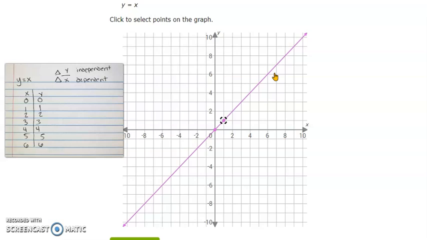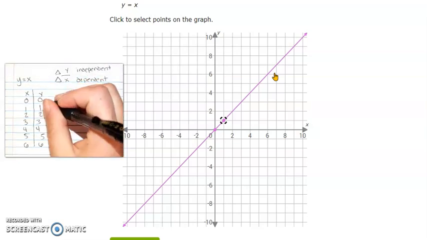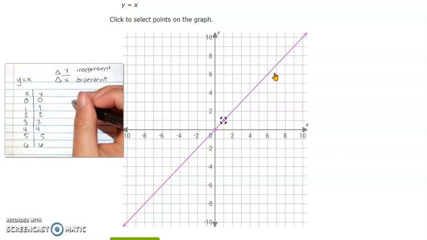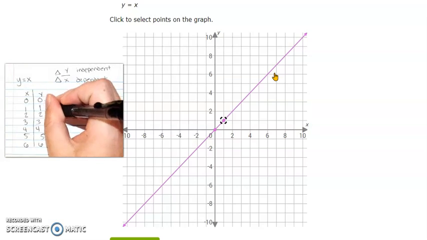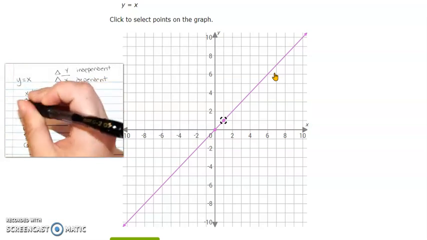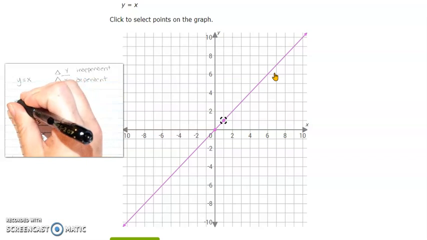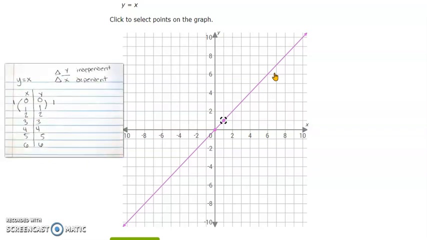So how do I find the slope if I am looking at just a table? We already know the slope is 1, so we're going to prove that it's 1. In order to find the slope, I calculate the difference between the points. The distance between 0 and 1 is 1, and the distance over here is 1. What is the ratio created with these two?